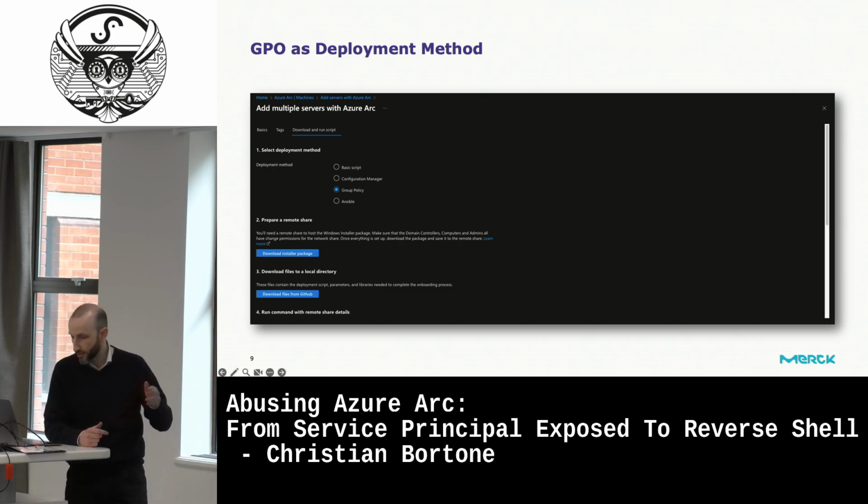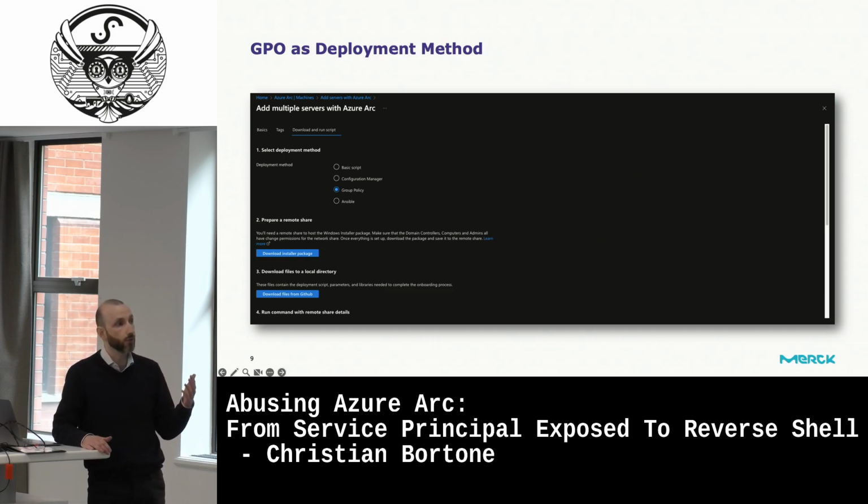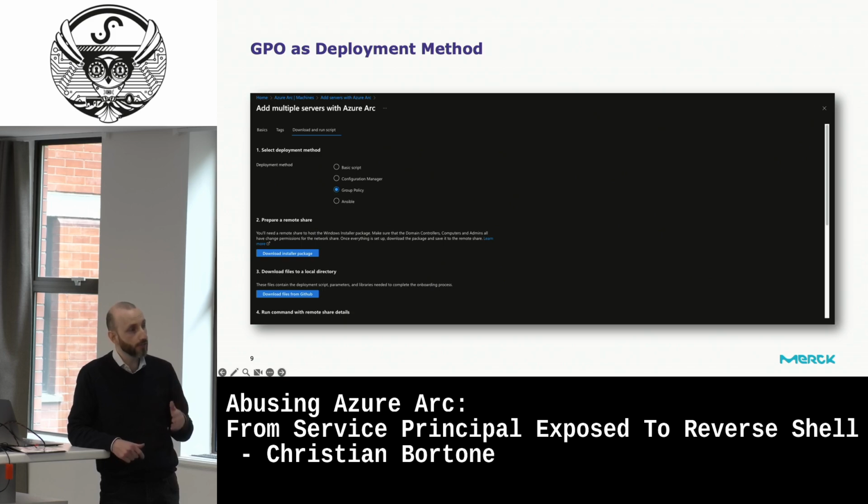If you read here in the second point, Microsoft tells you that you have to create a remote share where you are going to load the Windows Installer package. This network share needs to be accessible by domain computers, admins, and domain controllers, okay? The third point that you need to follow is that there is a deploy toolkit that Microsoft provides that you need to run to deploy this technique, right?